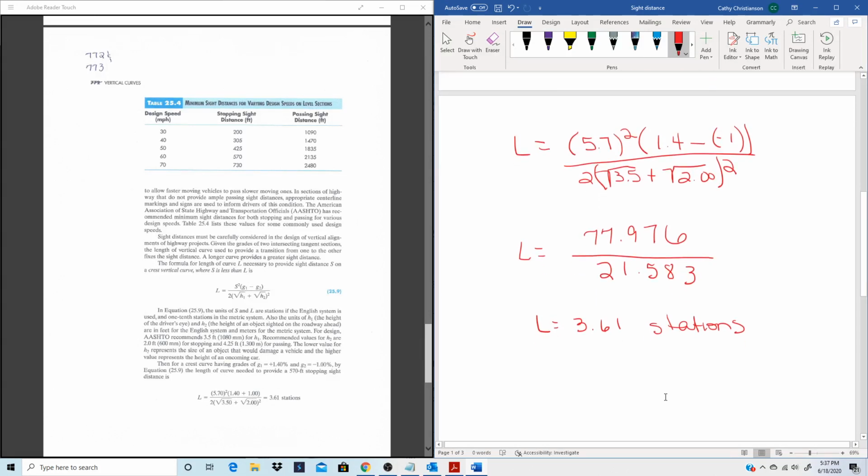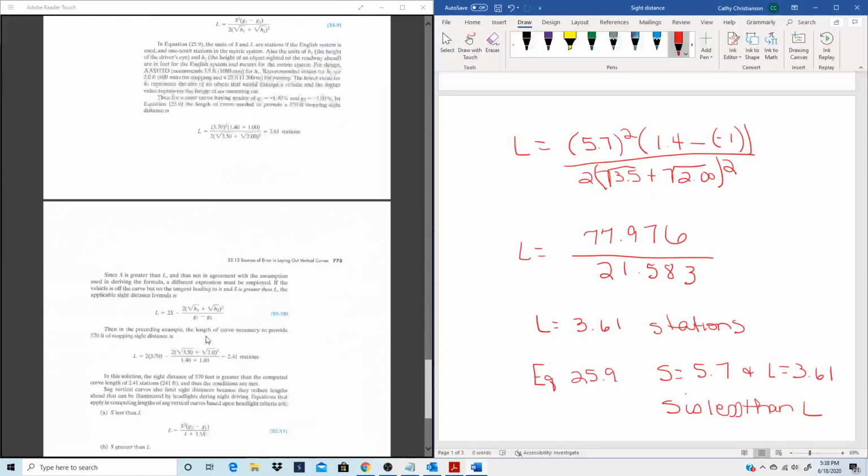So you want to do the 25.9 first, and then if it comes out that L is less than the S, that means you need to move on to equation 2.